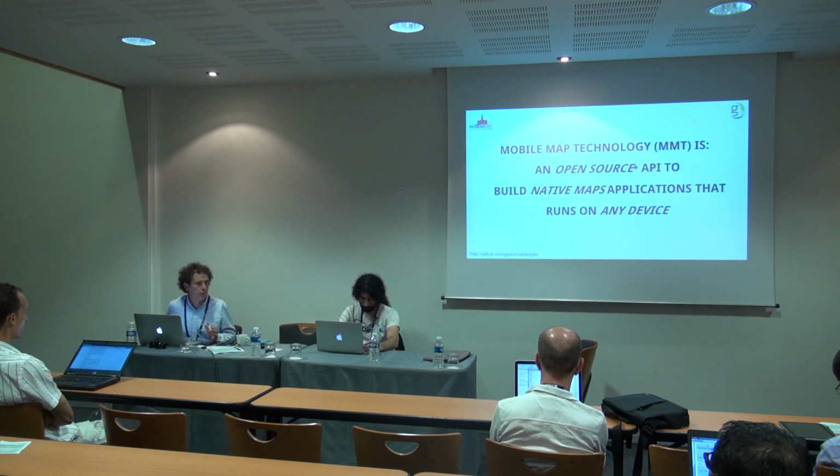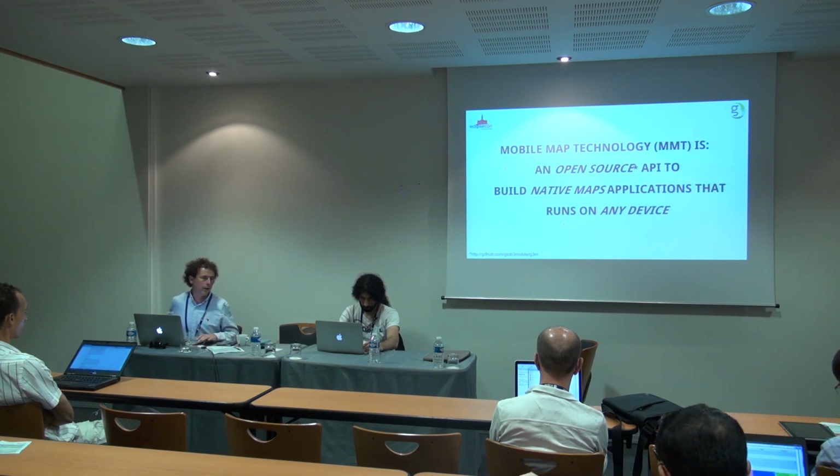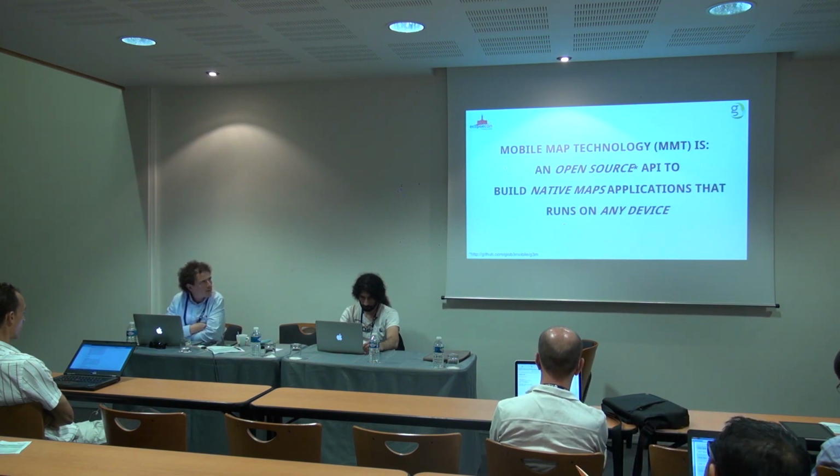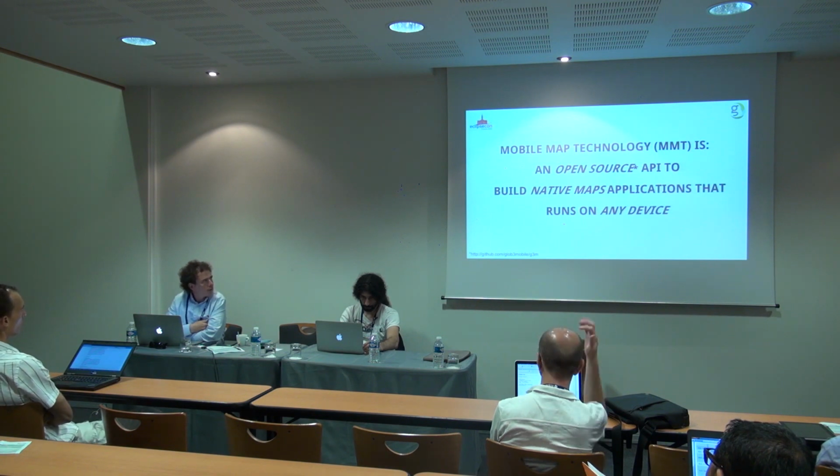That runs on any device. The idea is a multi-platform library to face the different problems you have when you are starting a mobile development, and that you can run our framework wherever you want, using native APIs.